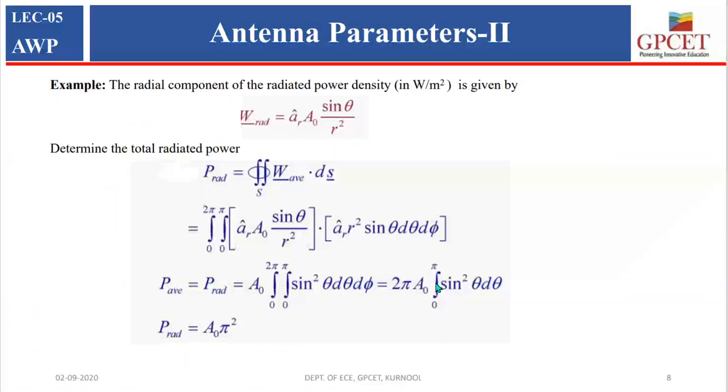Next, let us solve a problem related to the radiation power density. The radial component of radiated power density is given by W_rad equal to a_r A_0 sin theta divided by r square.